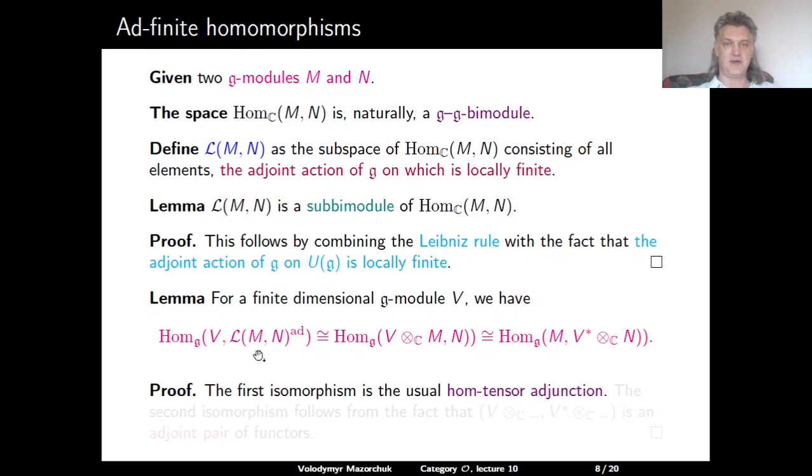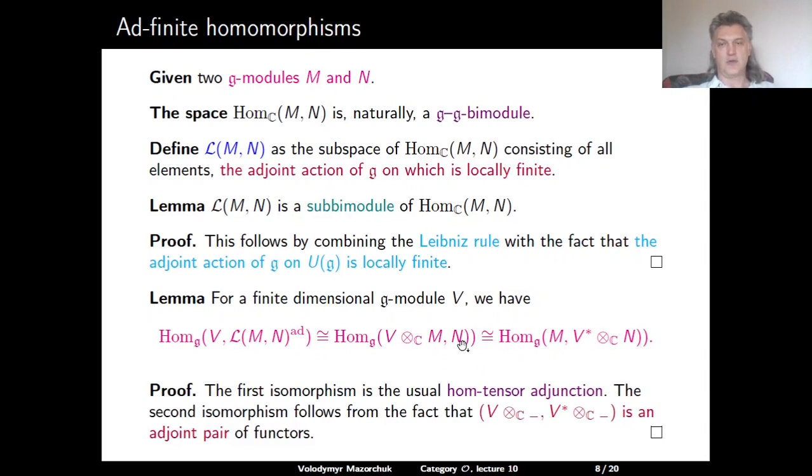If we write here instead Hom_C(M,N), this is the hom-tensor adjunction, and then we can notice that since V is finite dimensional, the image of any G homomorphism from V to Hom_C(M,N) belongs to L(M,N) adjoint. And the second isomorphism in this formula follows from the fact established in the previous lecture that tensoring with V and with V dual is an adjoint pair of functors.